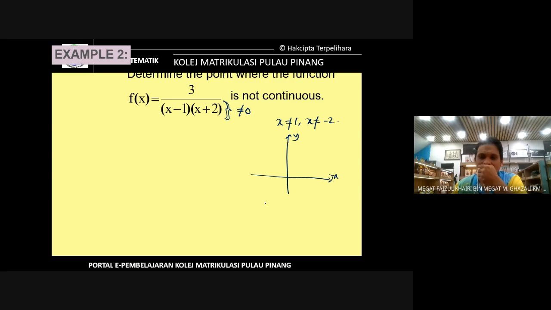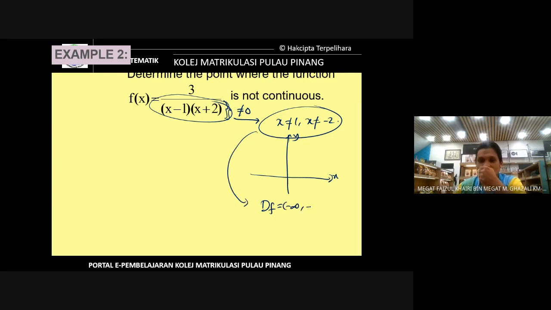Okay, so class, the domain of this function, we can come up with a conclusion that the domain is negative infinity to -2, union -2 to 1, union 1 to positive infinity.